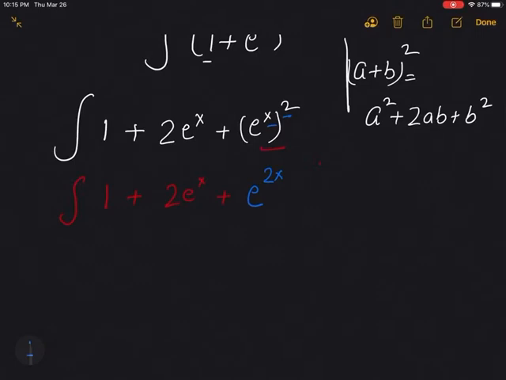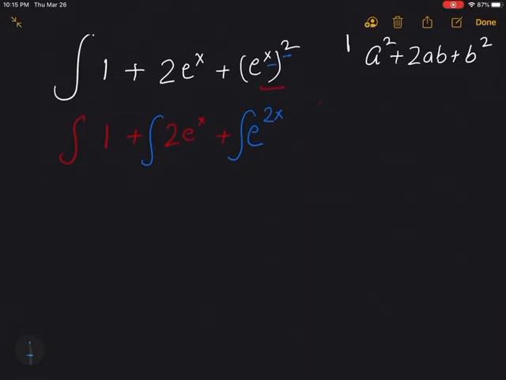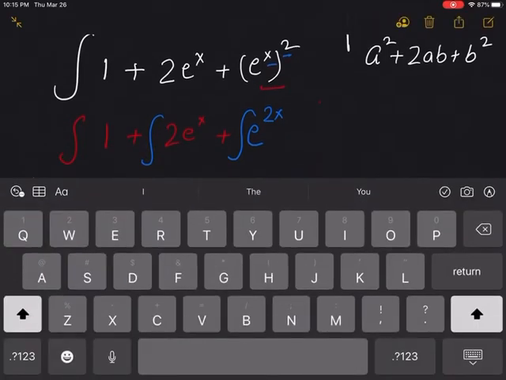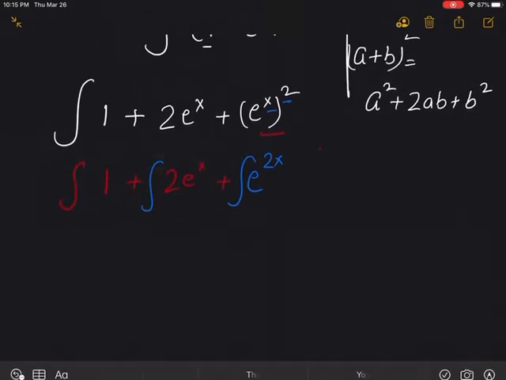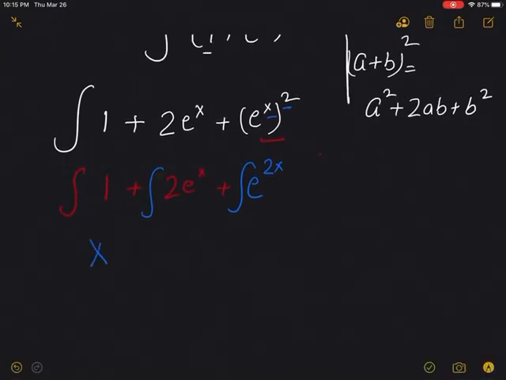Now once it becomes an integral problem, it's basically integrating every single piece of this expression. Integral of 1, which is just a constant, is just x. Integral of this piece, you can pull out the constant 2, and take the integral of e to the x, and this one I'm just going to rewrite.